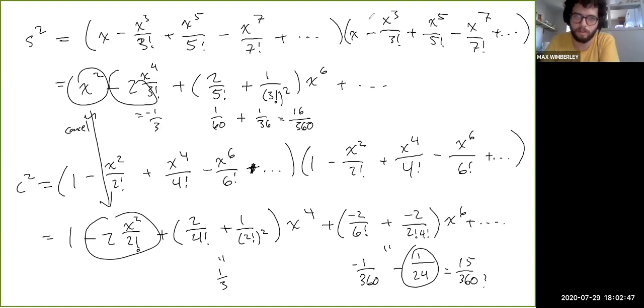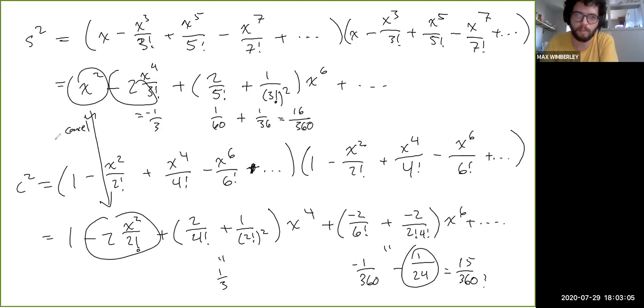So you can use this to mentally think about low order behavior of the product of two functions somewhat efficiently. Obviously, in this case it was inefficient, but in other situations it's efficient to be able to do this, is what I'm saying.